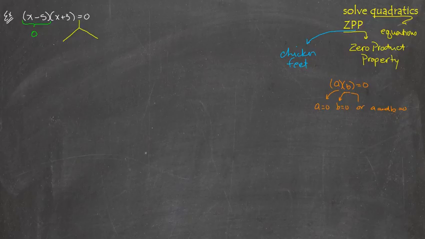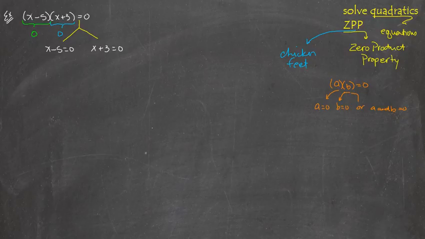That means I need x minus 5, the whole thing, to be equal to 0. And by the very same logic, if this one equals 0, then it's sufficient for the whole side to equal 0, and I will have a solution to the equation. So x plus 3, the whole thing together, equals 0.